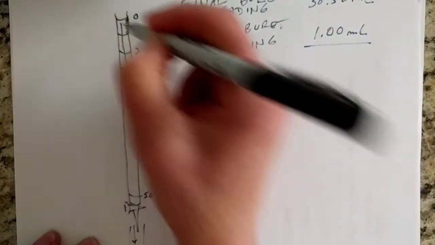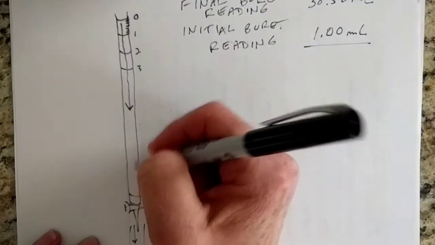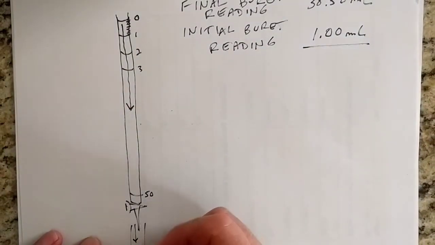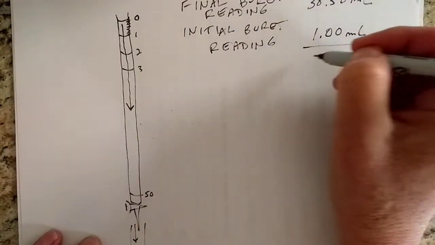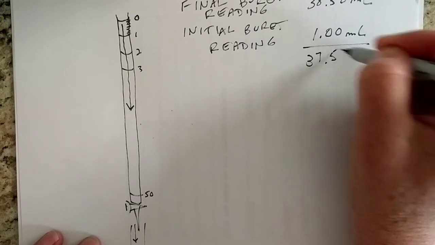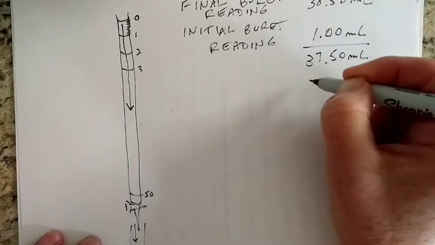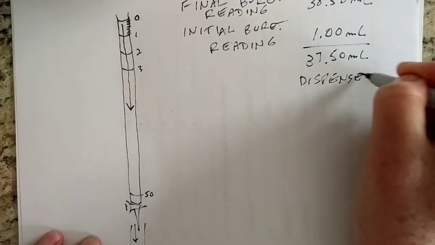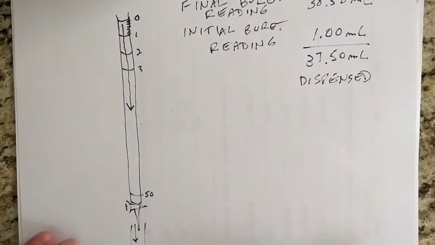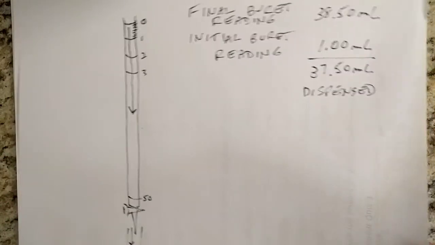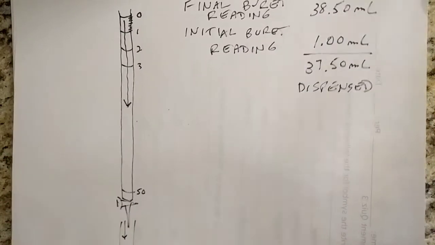So that means that the difference between where we ended up and where we started is the amount that actually ended up in our flask. So that will give us 37.50 milliliters dispensed into our flask. Okay, so that's why this is better than a graduated cylinder.